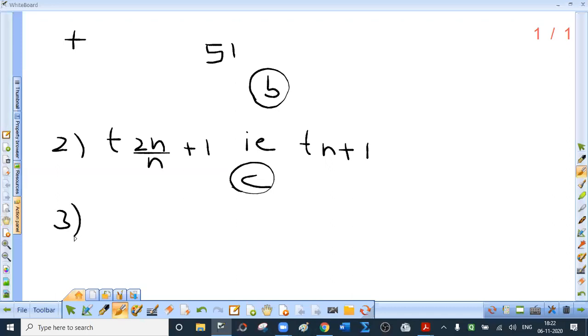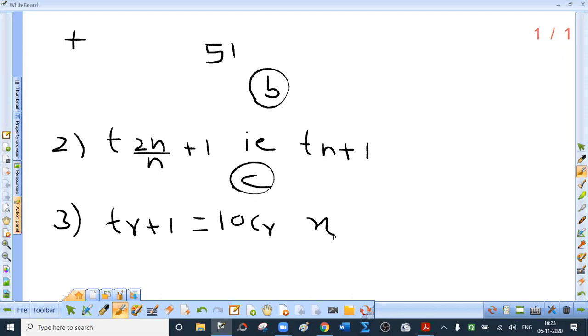Now, what about sum number 3? In the expansion of (x square minus 2x) raised to 10, the coefficient of x raised to 16 is. Let us find general term in the expansion. What is that? T(r plus 1). It is 10Cr.